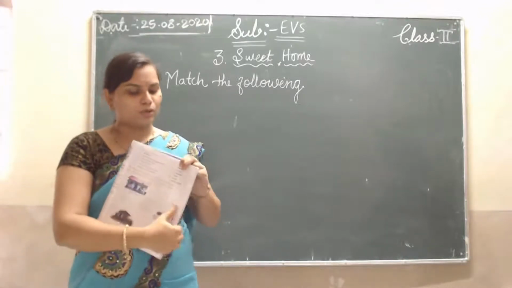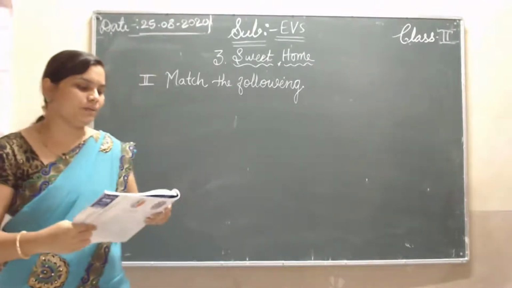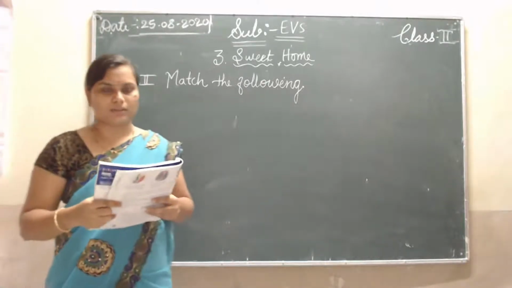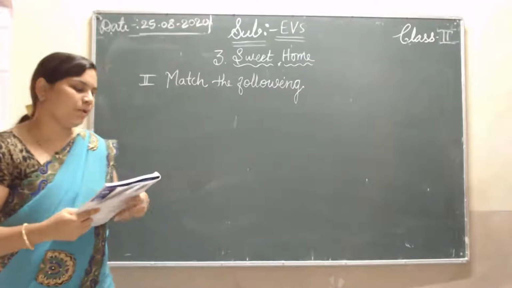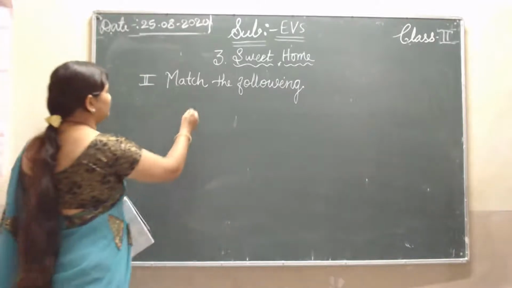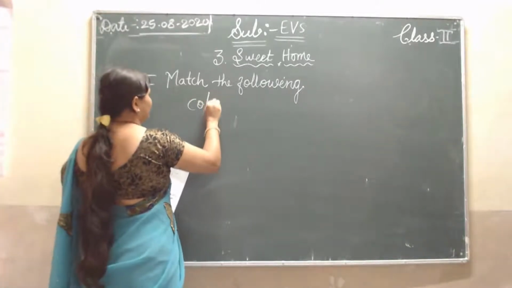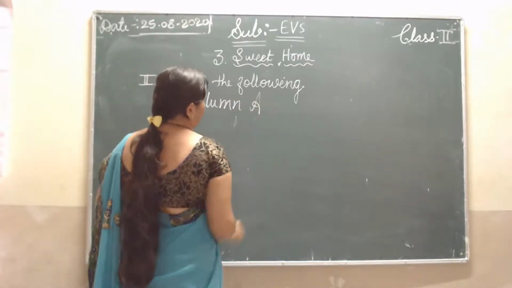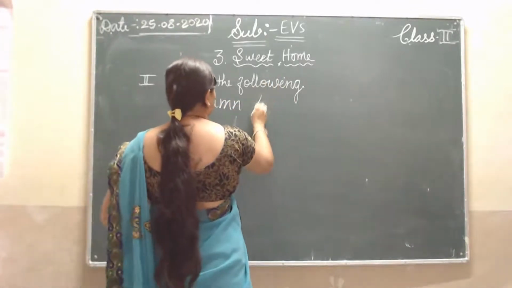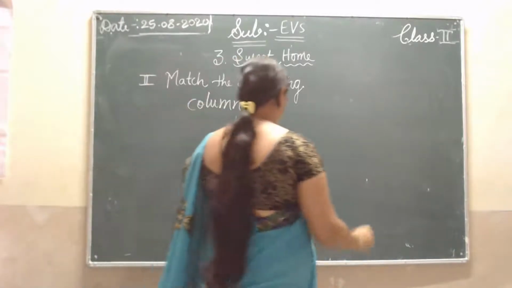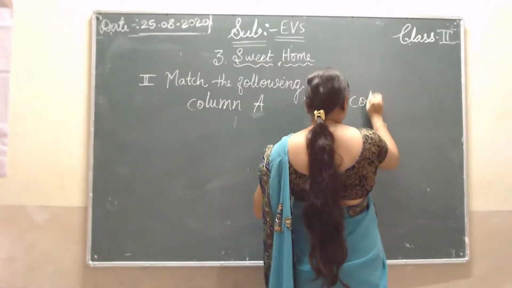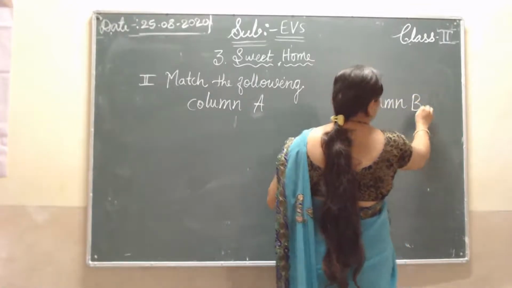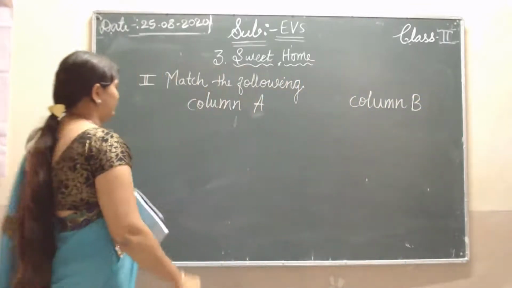Column A and column B are given. We should match the houses in column A and column B. They are given like this.